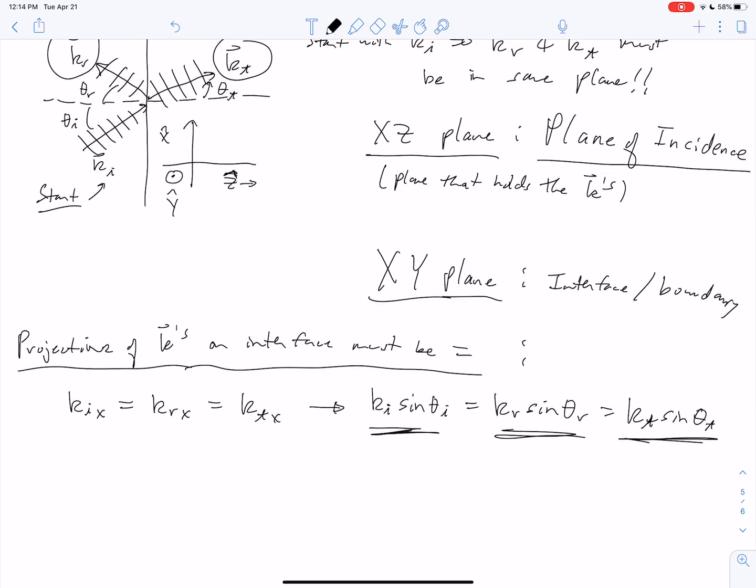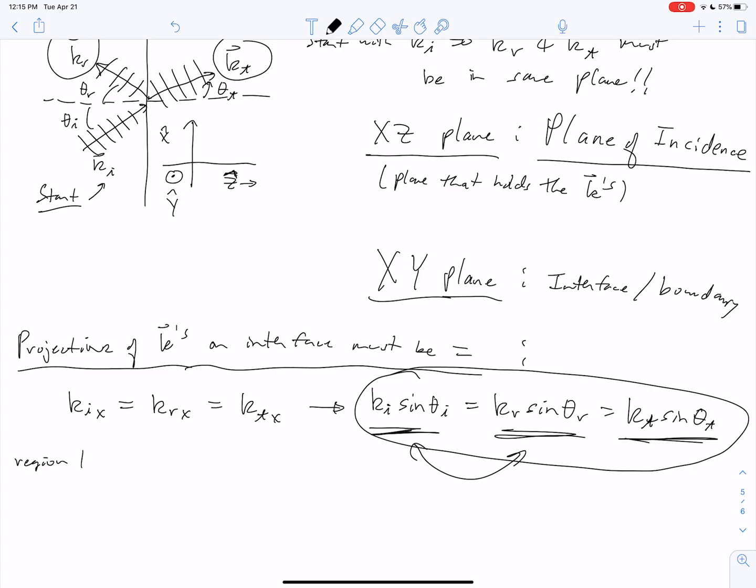From this, which came from the phase matching consideration, let's consider the first two. Let's consider region 1, the left side of the interface, because remember this is region 1 and this is region 2.